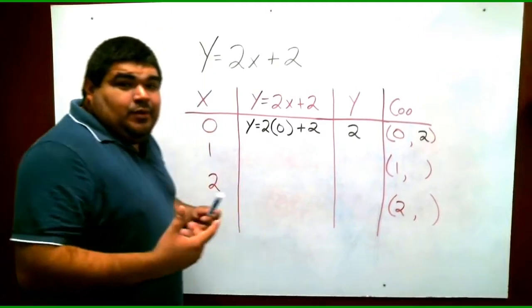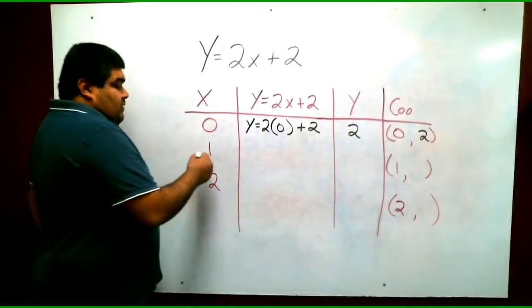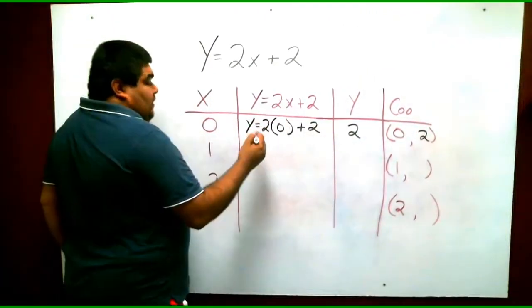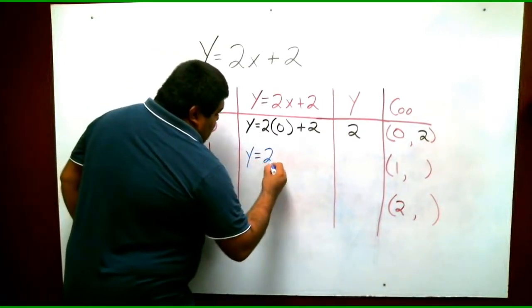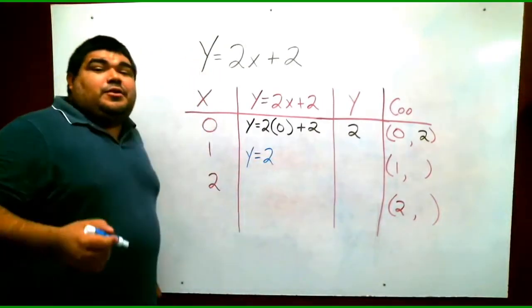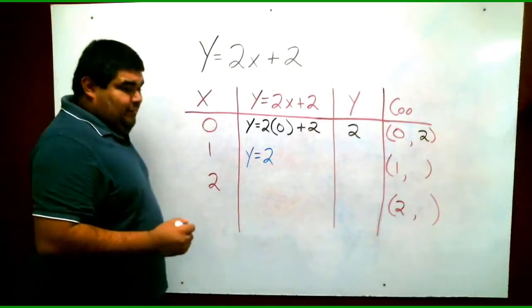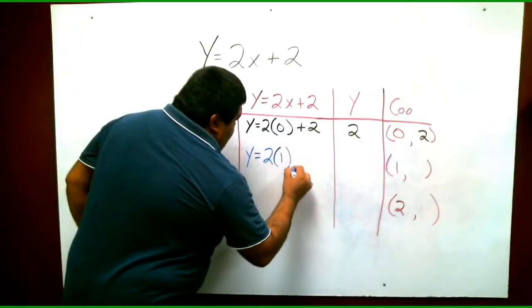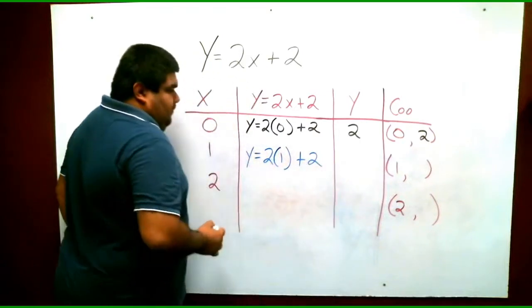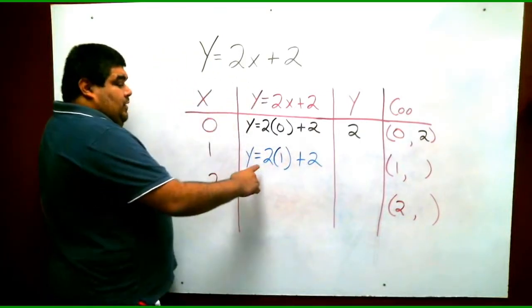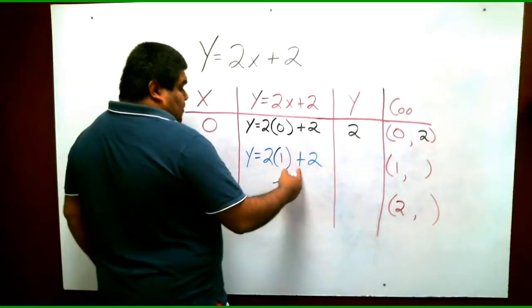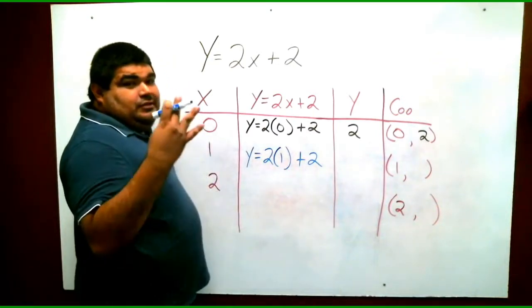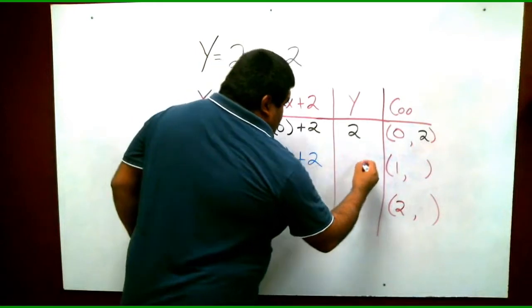Now we're going to do the next one. We have 1. So again, you're going to use the same equation. Y equals 2. This time, instead of 0, we're going to use 1. 1 plus 2. So again, 2 times 1 is 2, plus 2 is 4.